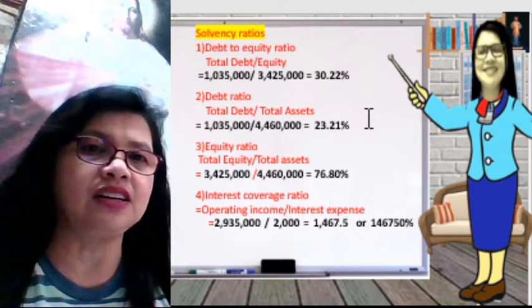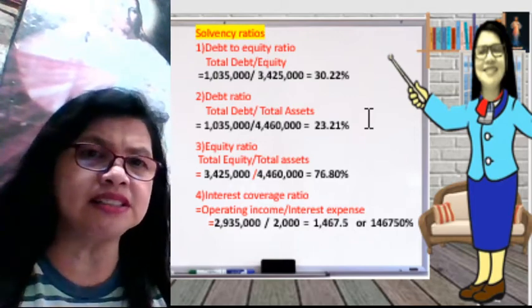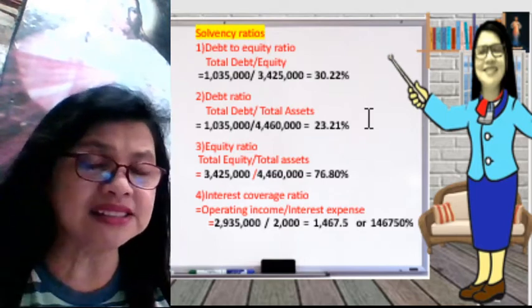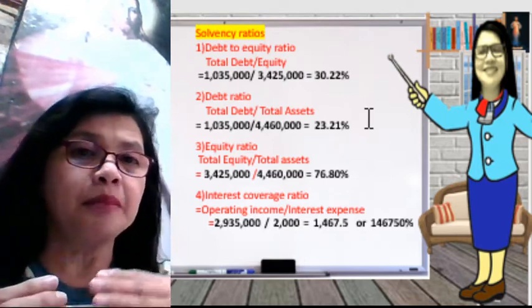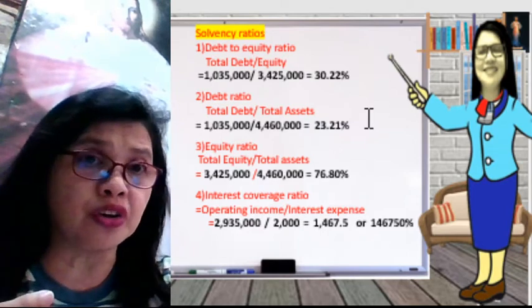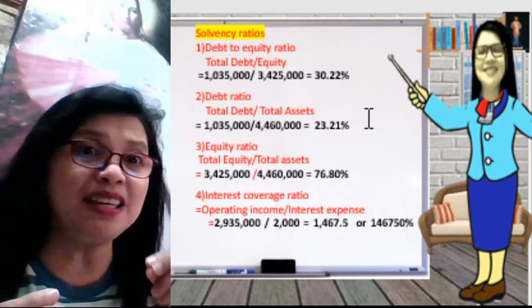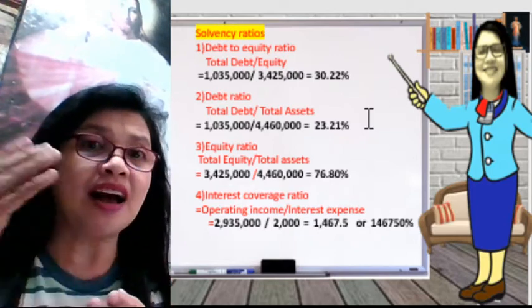So that means your assets are financed by creditors by 23.21%. Your equity ratio is again the opposite. It shows us that your total assets is financed by your equity, by your investors by 76.80%. So this is much higher.